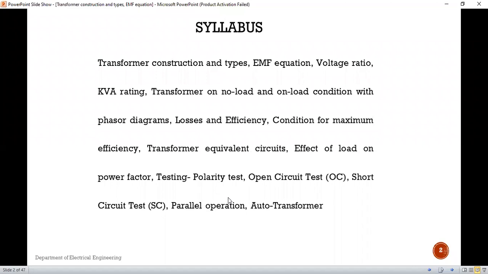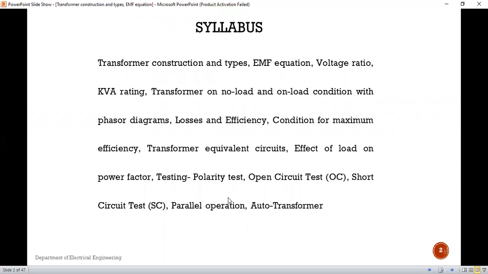So the transformer on load condition, the transformer on no load condition, and what are the phasor diagrams, whether the phasor diagram depends upon the load or not, and how the phasor diagram can be drawn. Then losses and efficiency: which losses occur in the transformer and how the efficiency can be calculated.